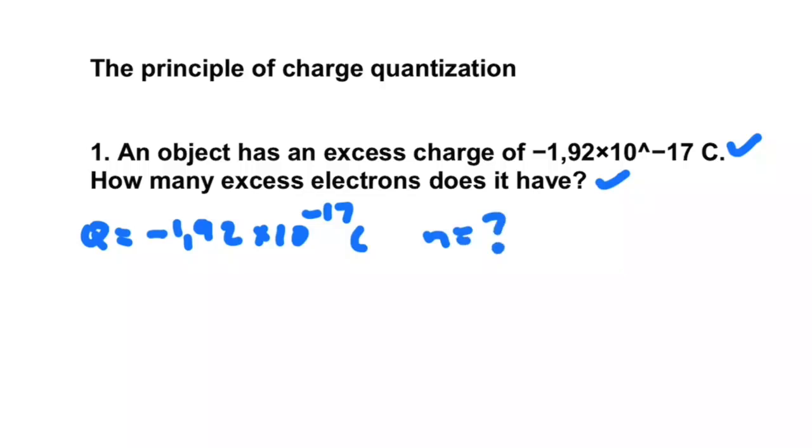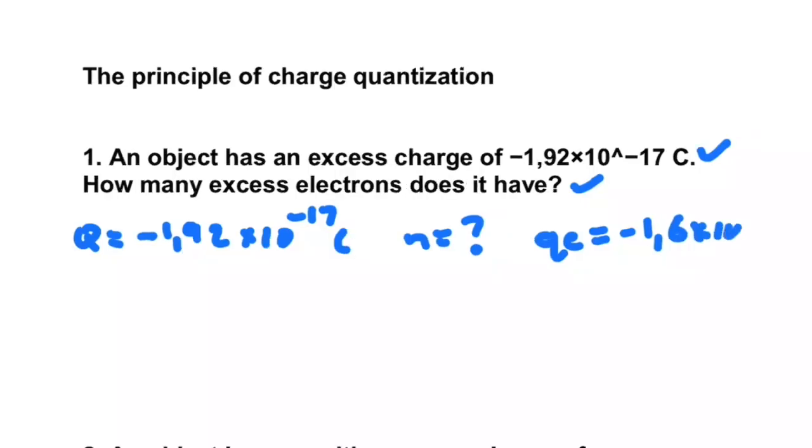But we know fully well that the charge of an electron is equal to minus 1.6 times 10 to the minus 19 coulombs. So with this information, we should be able to find the number of electrons that are in excess in our object. How do we do that?